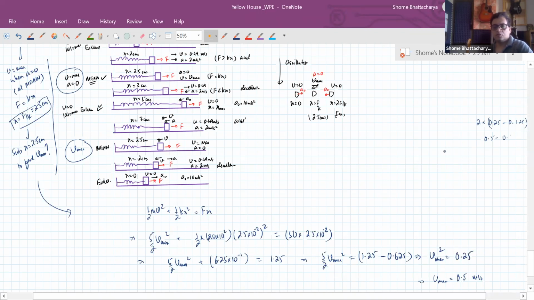See, this will become 2/5 into 1.25 minus 0.625.